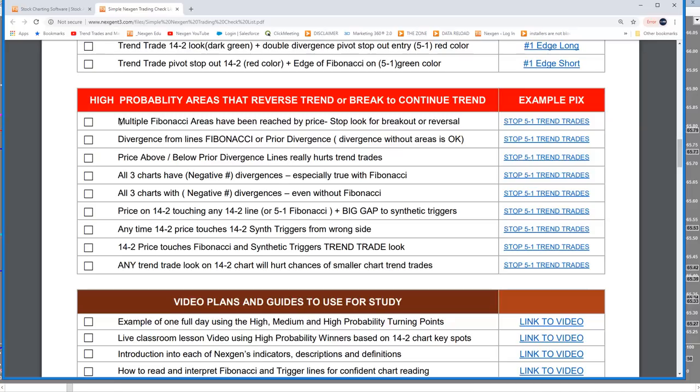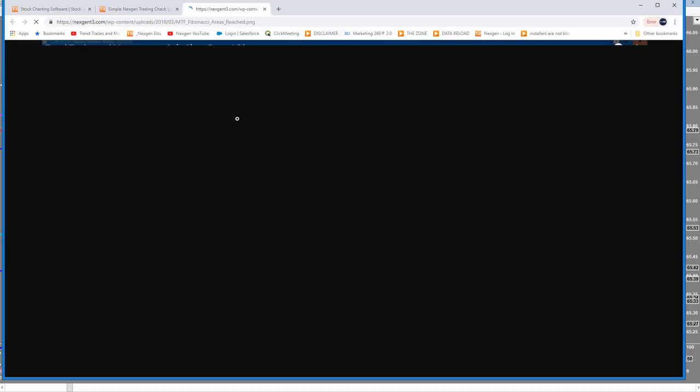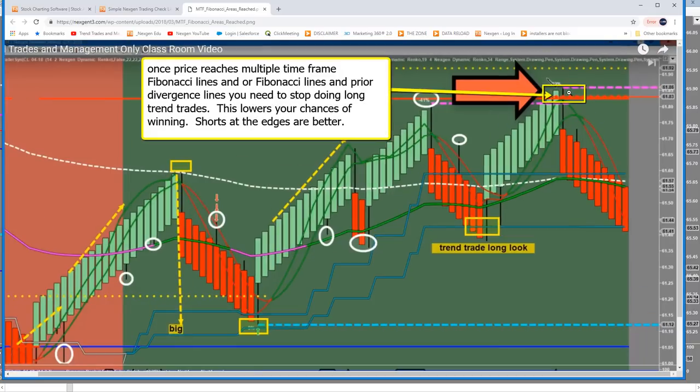If you hit a bunch of red or blue Fibonacci lines, you're going to stop doing trend trades until you get a breakout or the market goes the other way. Is everybody okay with that thought process? I'll give you the picture real quick, but it's pretty simple. If you hit a bunch of red lines, you're no longer going long. If you hit a bunch of blue lines, you're no longer going short.